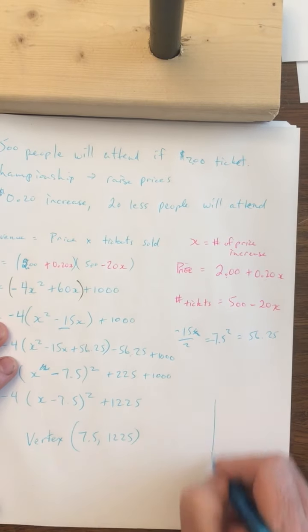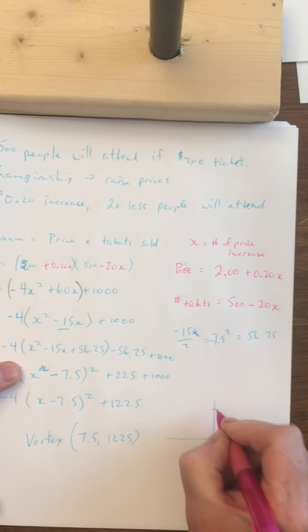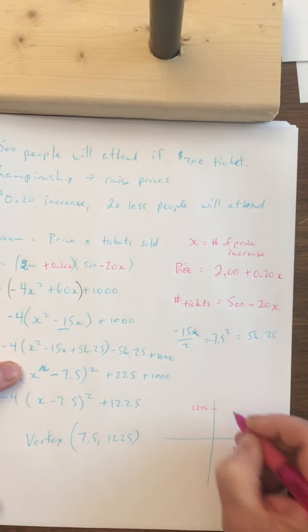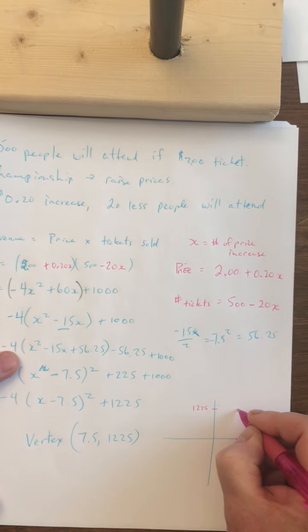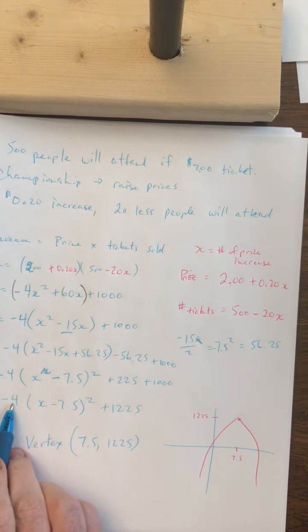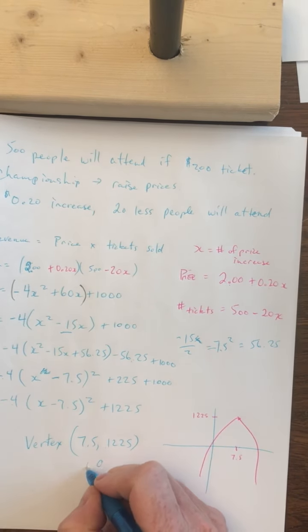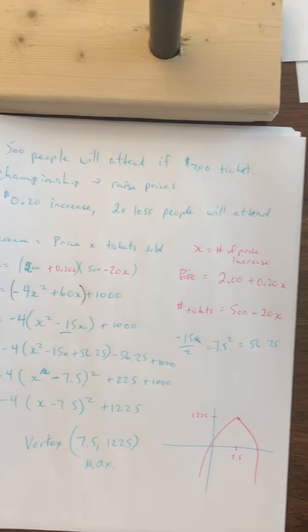This tells us, if you want to look at it graphically, 7.5 is here, 1,225 is here, and we have a thing that looks like that. It's stretched by 4, and it's opening downwards. So this is our maximum point, and that's what we wanted, maximum profits.